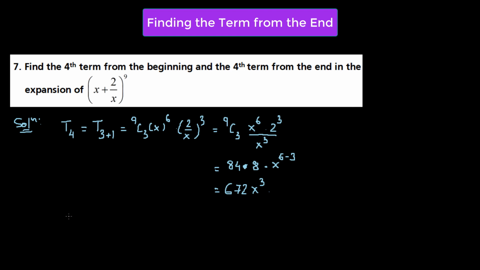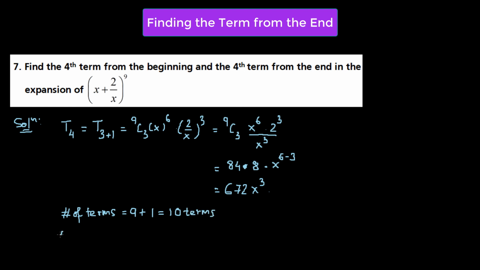Now to find out the fourth term from the end, we need to find out the number of terms. The total number of terms will be equal to n plus 1. So we have n equal to 9 here. So we have 9 plus 1, which is equal to 10. So there are a total of 10 terms.